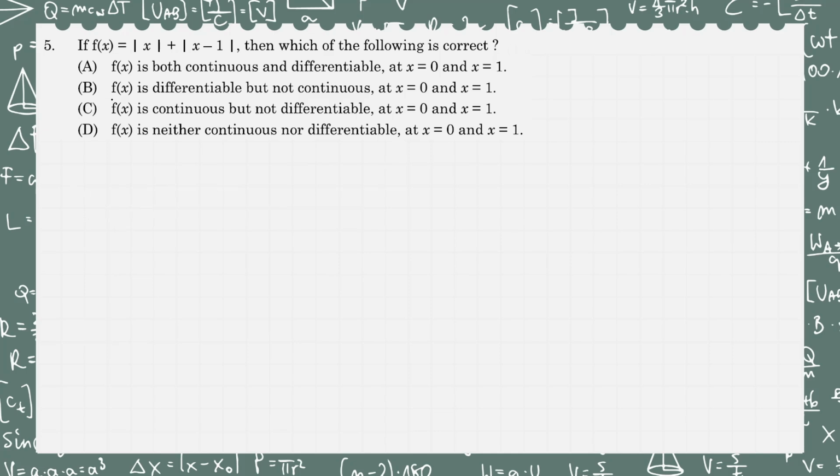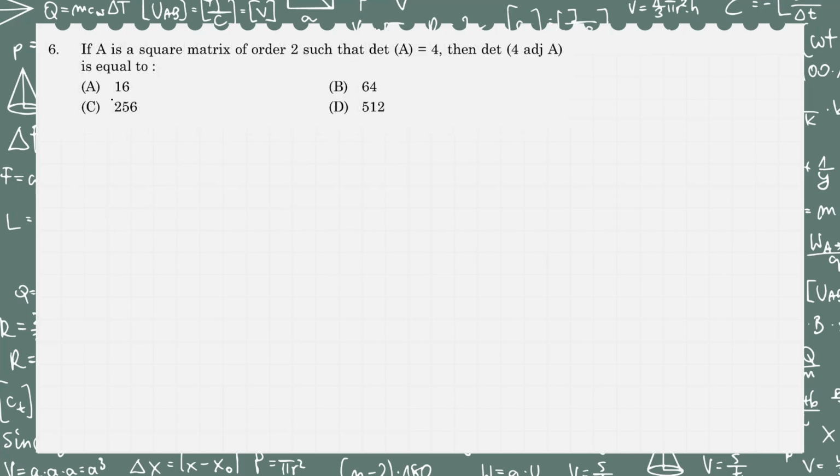Now let us go to the next sum. Sum number 6. If A is a square matrix of order 2 such that determinant of A is equal to 4, then determinant of 4 times adjoint of A is equal to which of these options?